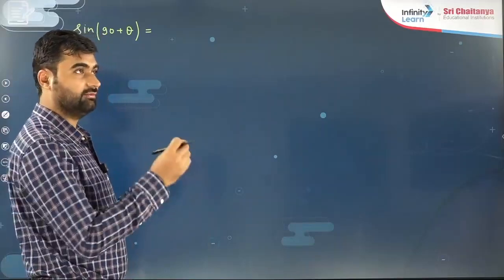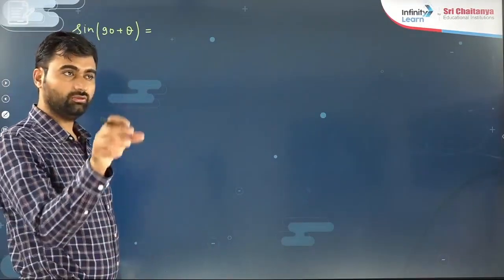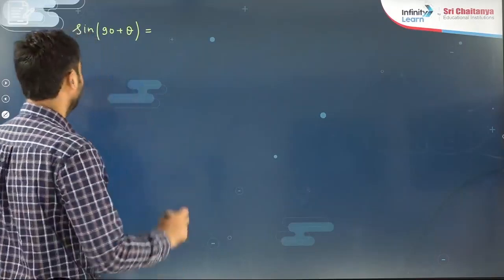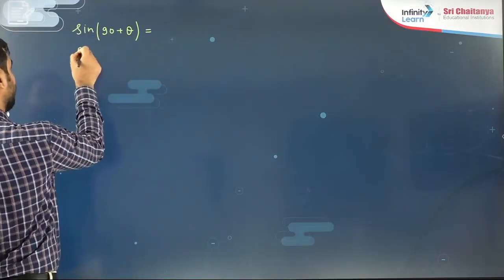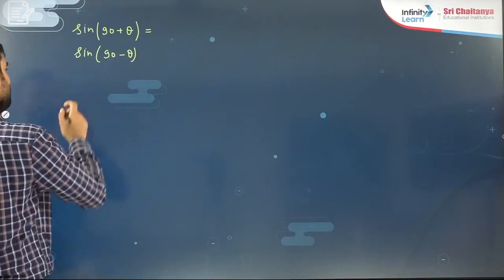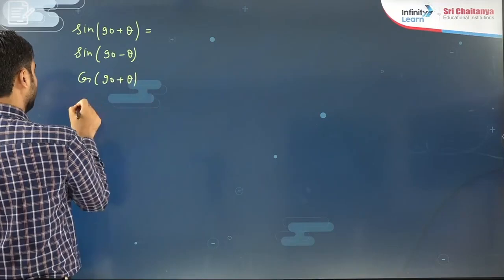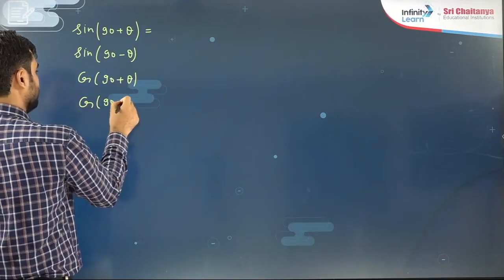Do not send answers one by one. I will write 4, 5. So send all answers together. Sin 90 plus theta. Sin 90 minus theta. Cos 90 plus theta. Cos 90 minus theta.